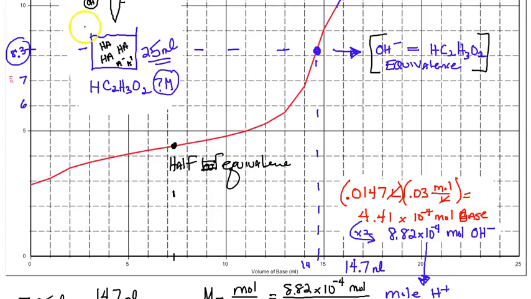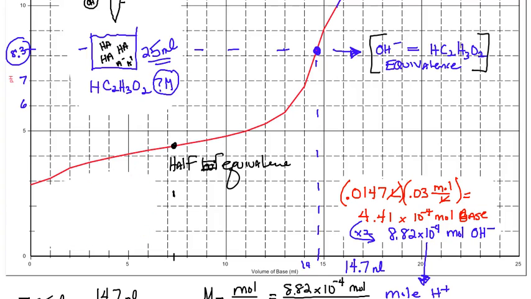Why? Well, I know that there's something really special at this position when you're dealing with weak acid or weak base. And what's very special is that when you're at the half equivalence point, what you have is equal amounts of the conjugate acid and base. And let me explain. At this initial pH, you have 100% of the acid.